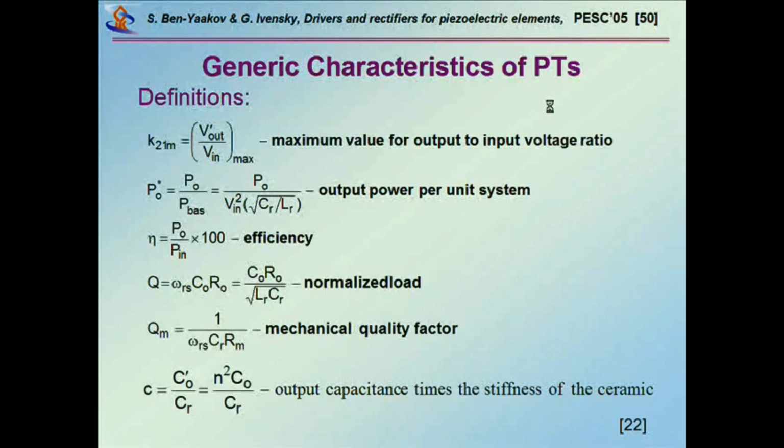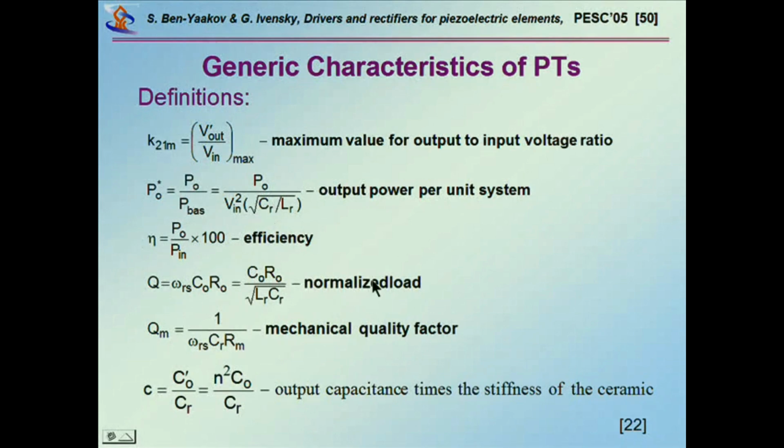And we did it by using normalized parameters. So I'll just familiarize you with the parameters that we'll later on see. We have of course the output to input voltage ratio. We have a normalized power, which is the output power divided by the input over the characteristic impedance of the resonant branch. Well, efficiency is efficiency.